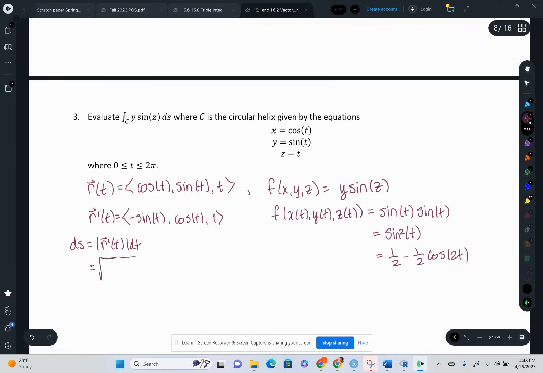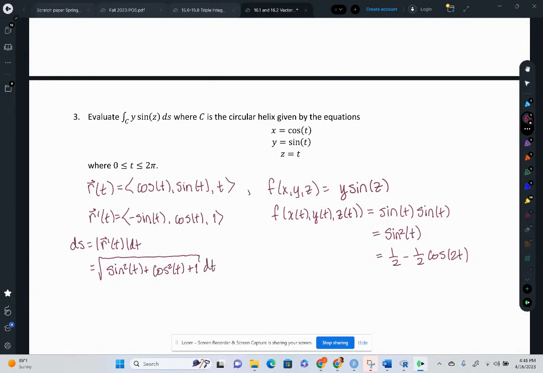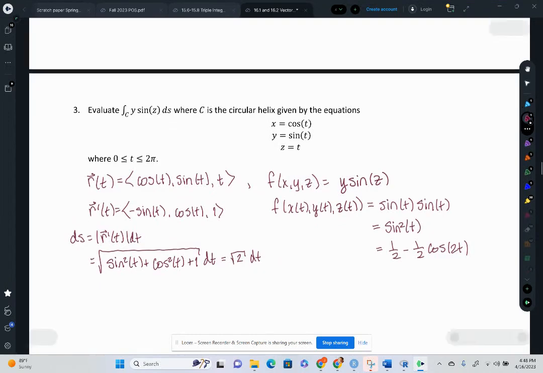So that's going to be the square root of the sum of squares. So I get sine squared of t plus cosine squared of t plus 1 dt. Well, sine squared plus cosine squared is 1, and 1 plus 1 is 2. So this is just the square root of 2 dt. Okay, I think we're ready. I think we can put this in.